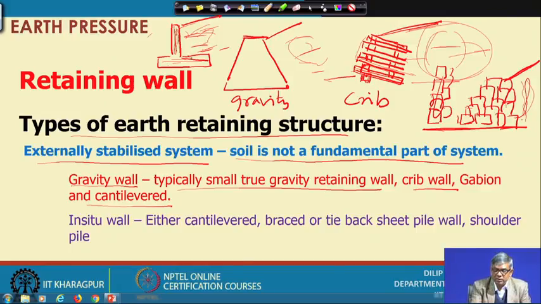So, they are all externally stabilized walls. Okay. So, the stability of the wall depends on the soil around it and its weight altogether. And there are sometimes a few in situ walls, that is cantilever braced. In situ wall means there is some waterfront structure.